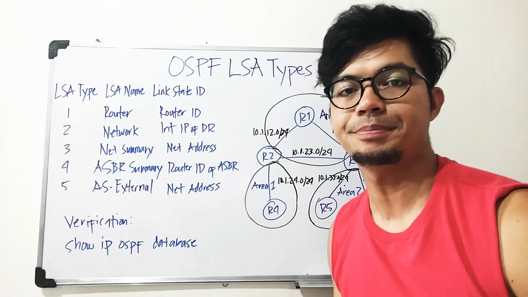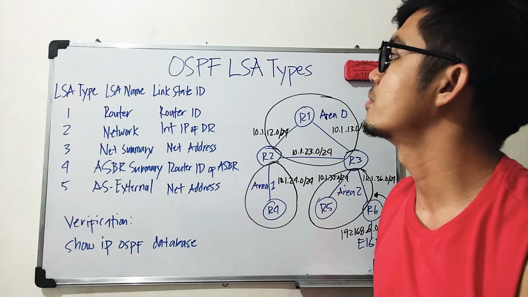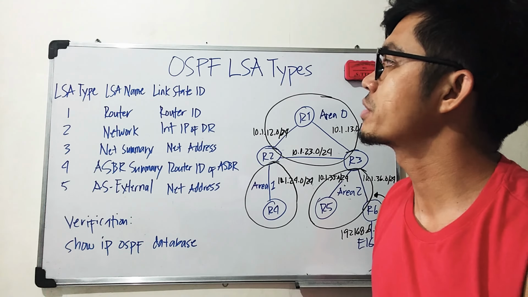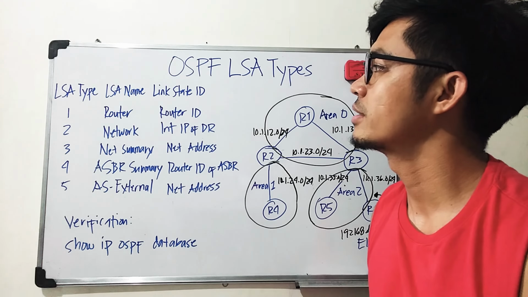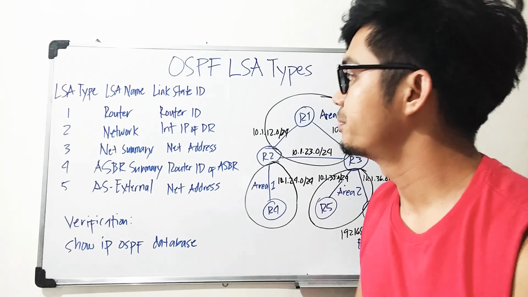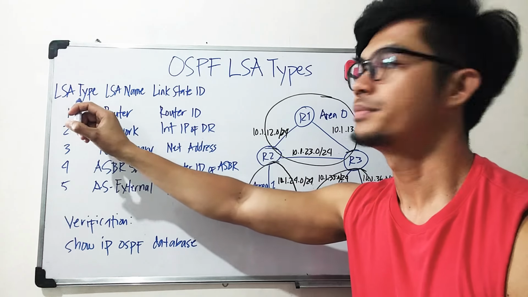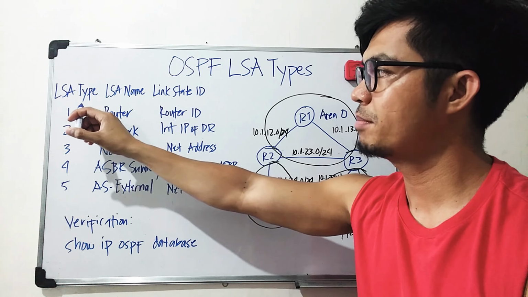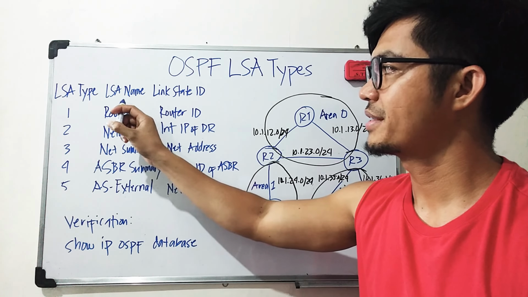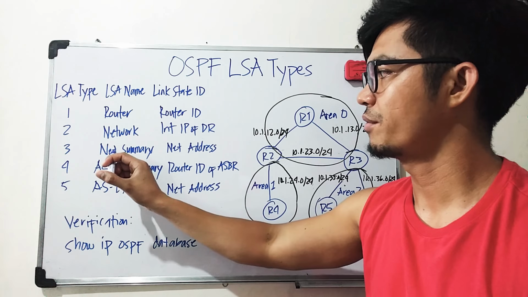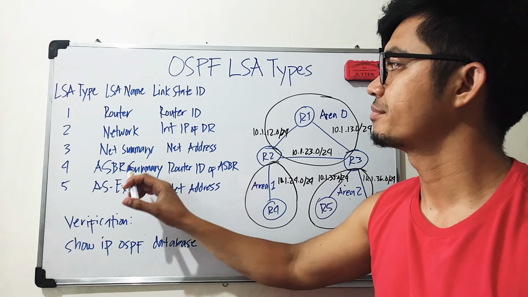In this video, I'm gonna talk about the most common OSPF LSA types. As you can see here, we have LSA types 1 through 5 and the LSA names: router, network, summary, ASBR summary, AS external.